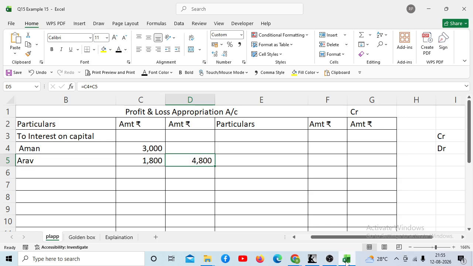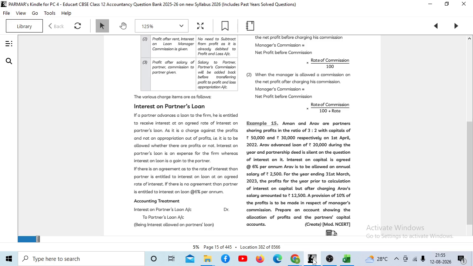Okay. Now let us proceed further. Per annum. Arav is to be allowed an annual salary of 2,500 for the year ending 31st March 2023. Now again same.